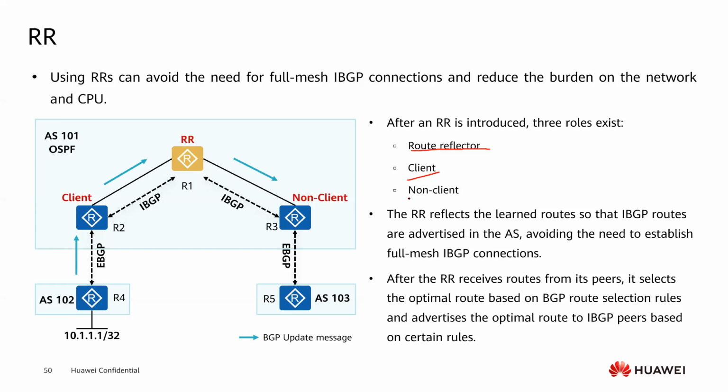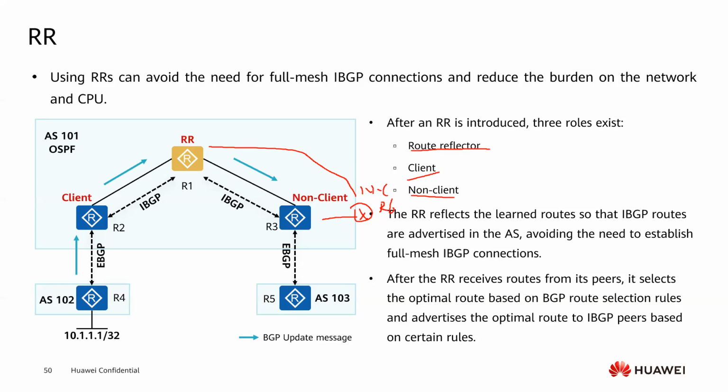And the other devices are non-clients, and the non-client is just the normal IBGP device that is neither an RR nor a client. And in the AS, for the non-client, like R6, which is also a non-client, between the non-clients it is also needed to establish the full mesh IBGP. So we use the RR to reduce the IBGP relationship number.